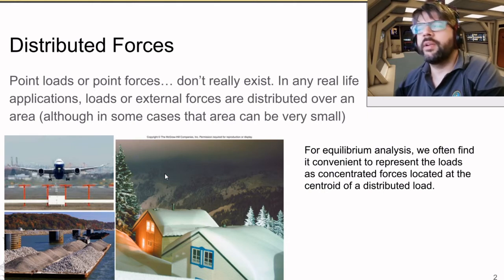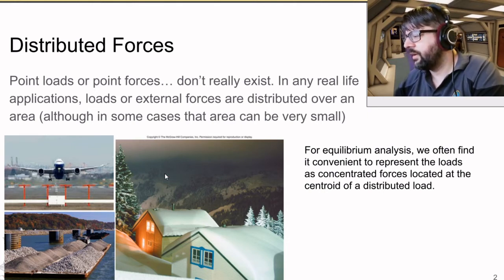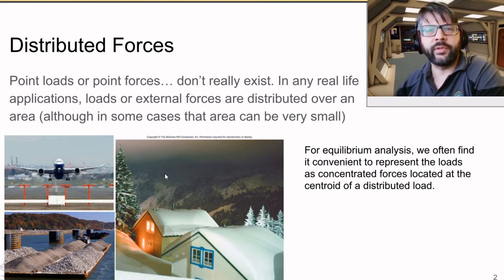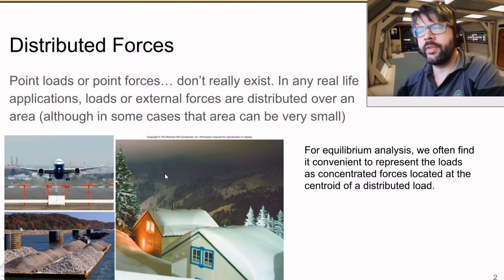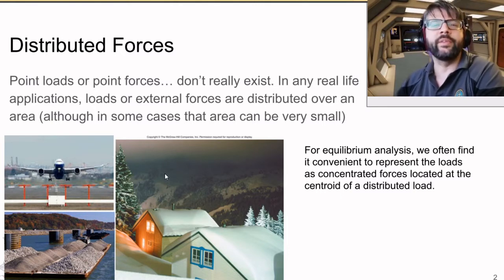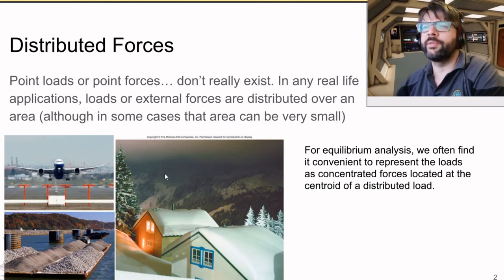Not even on a molecule, not even on an atom. The force of gravity on a proton or on a neutron, I think, would be a point load. But again, that's not really all that useful.